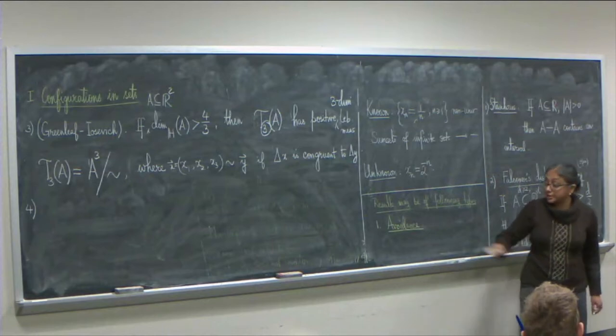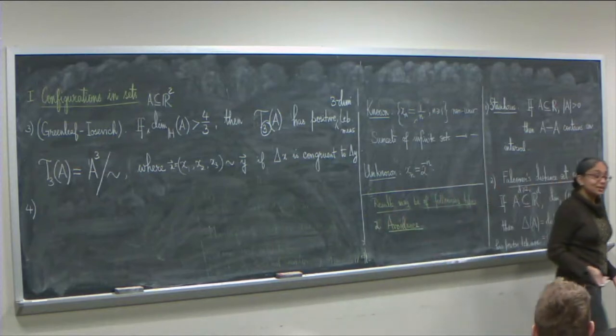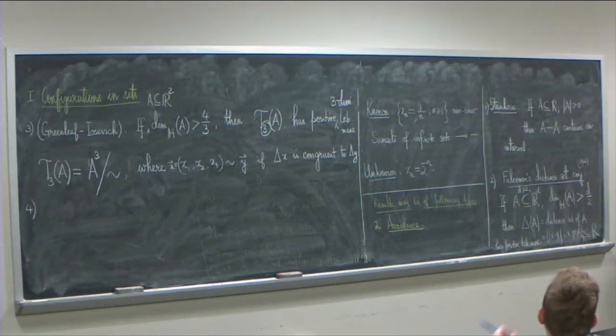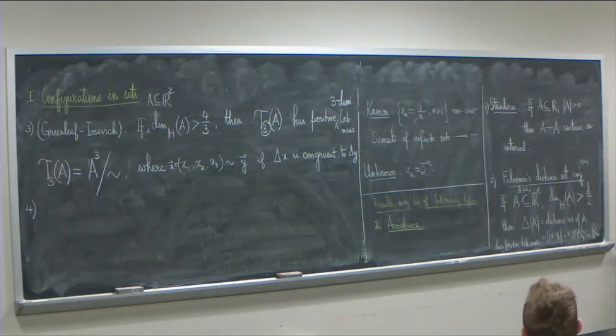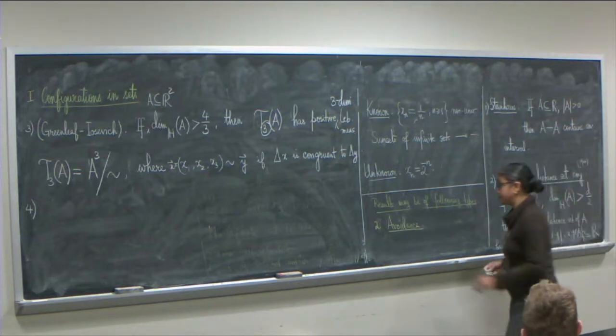So avoidance is pretty much the exact opposite. It says that you can have large sets, but these large sets will not contain the patterns that you are looking for. That's the premise here.